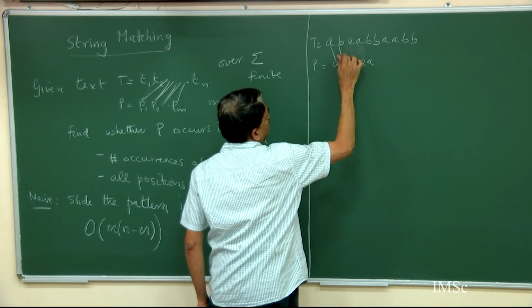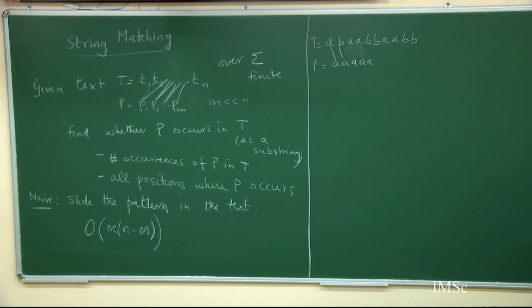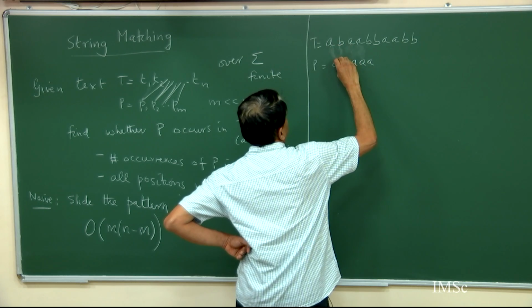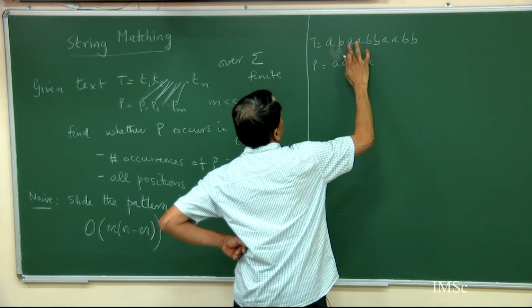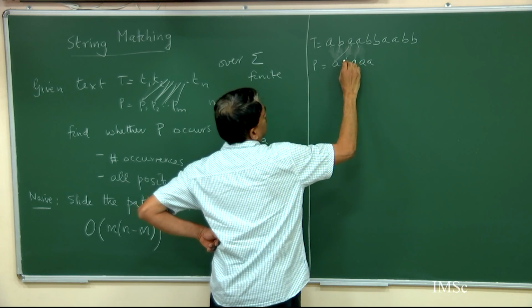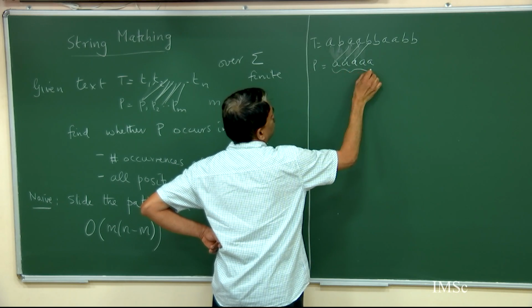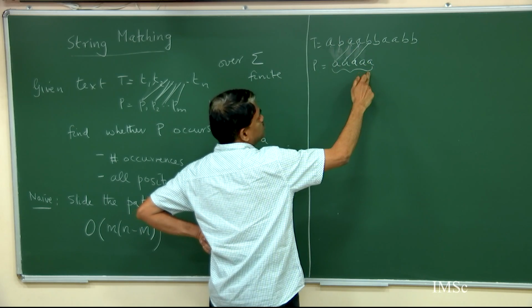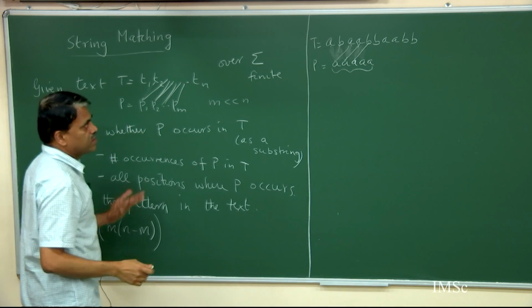So, I fail here, there is a mismatch, then I start looking at matching from here, and even here already there is a mismatch, and then I am going to start matching, there is a mismatch and so on. So, in the worst case, you may go all the way and your mismatch may happen at the mth match query, and then you start all over again. So, that is like an mn running time.